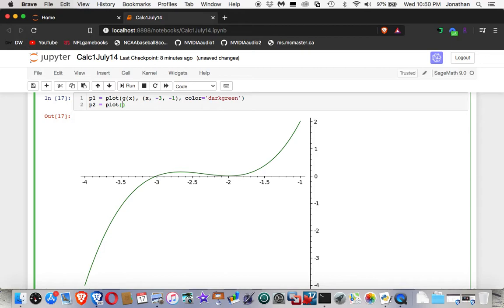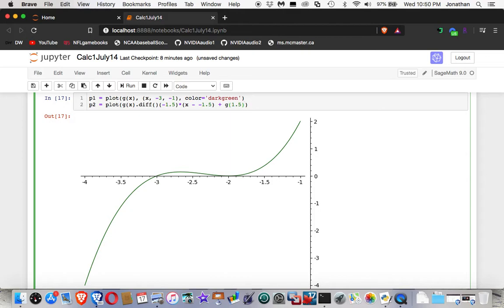So we need to get a derivative. I'm going to take g of x dot diff, and I'm going to evaluate it at minus 1.5. So I'm going to get the tangent line to this function at minus 1.5, times the value x minus minus 1.5, plus g of minus 1.5.